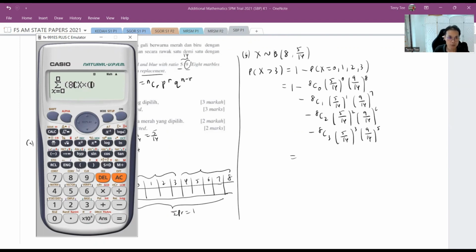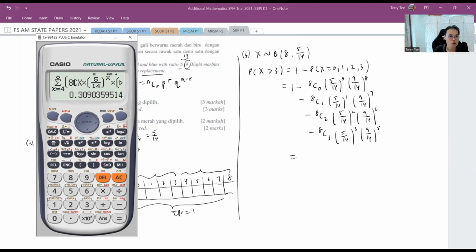I multiply with your P, which is 5/14, power alpha x, the general formula. I multiply with 9/14, power 8 minus alpha x. Okay, now from here, I will just put in, I want more than 3 means 4 until 8. I press equals. There you go.